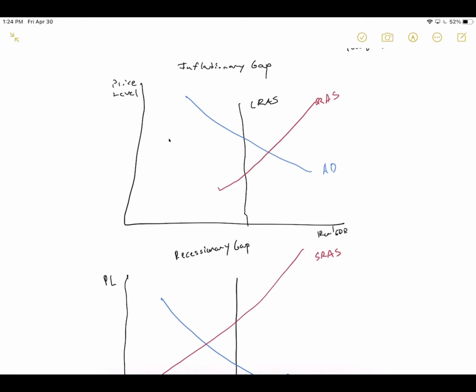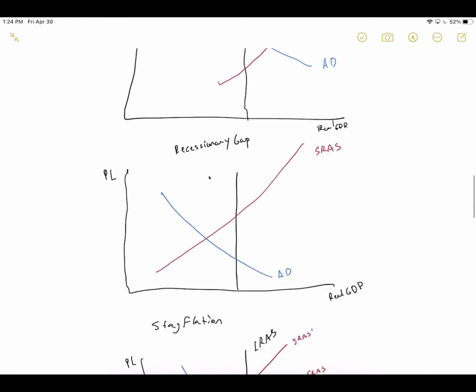Aggregate demand is greater than what it should be at the long run aggregate supply. Aggregate demand should be intersecting that short run aggregate supply curve, but we're actually at a higher point, where the short run aggregate supply and aggregate demand curve are at a higher output, but we also have a higher price level.